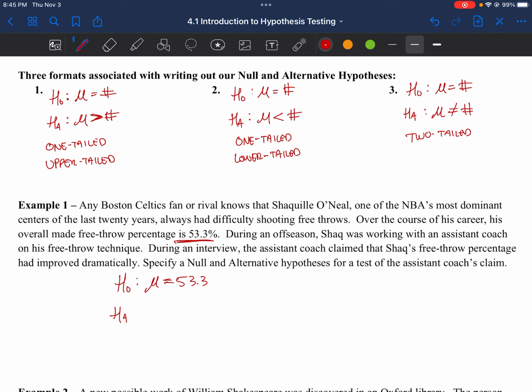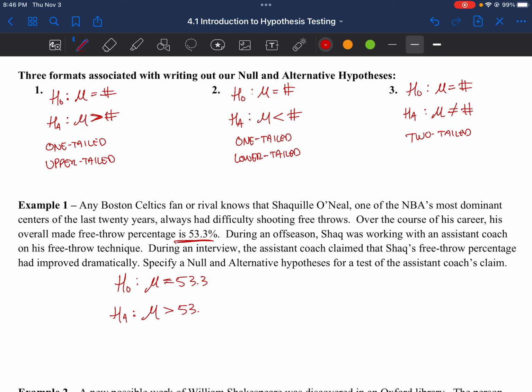We're comparing him now, after going through this miraculous free throw technique training, to what he was before. So I'm not convinced. I think, you know what? He's still the same old Shaq. And maybe some of the free throws he's making right now are just part of the normal fluctuation of free throws that a player makes and doesn't make throughout their career, that all even out in the end and are actually normally distributed.